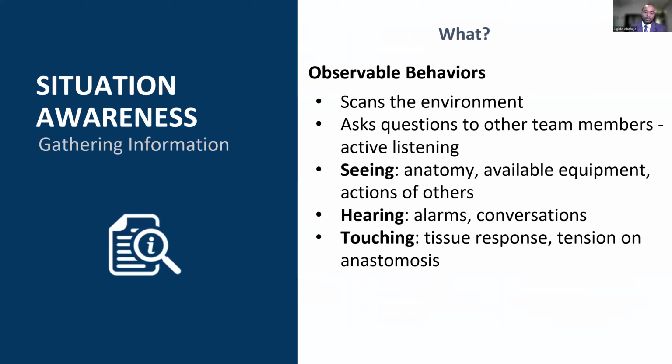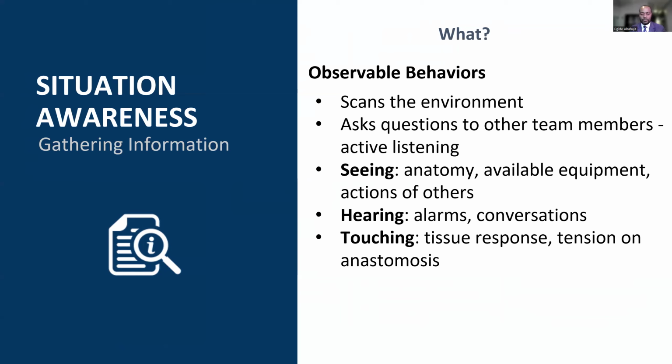Some of the observable behaviors in the operating room related to situation awareness include scanning the environment, looking to see what is available and what is not available, asking questions of other members of the team and listening to them when they talk to you, and looking at the operative field, seeing the anatomy, seeing, for example, whether the patient is bleeding or the hemorrhage is controlled. You also need to keep your ears open.